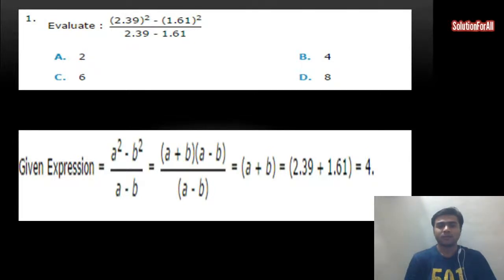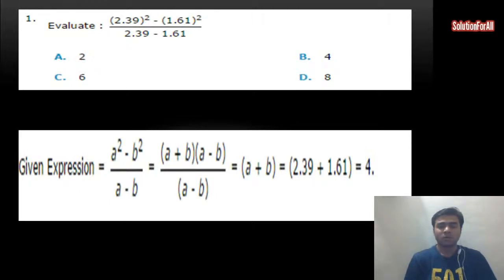So you can see the numerator part. There is an identity over there that I had given you in the last video. That's a square minus b square. It's in the form of a square minus b square, that is equal to (a plus b) into (a minus b). So we can break the numerator using that formula.